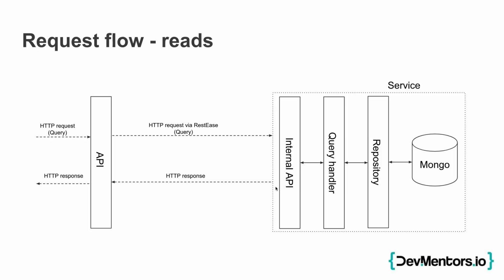After we get this in the internal API, we do a similar thing to what we did with the commands. When we started playing with commands, we started with the synchronous way of dealing with them.